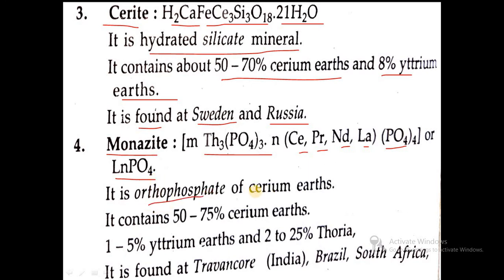It is the orthophosphate of cerium earths. It contains 50 to 75% cerium earths, 1 to 5% yttrium earths and 2 to 25% thorium. It is found in Travancore, India. So monazite ore is found in India, but the other three are found outside India. Along with India, it also occurs in Brazil, South Africa and other countries.